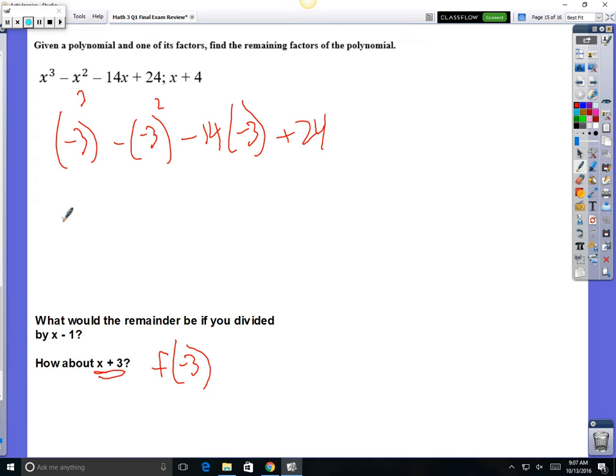And this is a minus 27 minus 9 minus 14 times a minus 3. That's a plus 42 plus 24. So 42 minus 9 minus 27. You should end up with a remainder of 30.